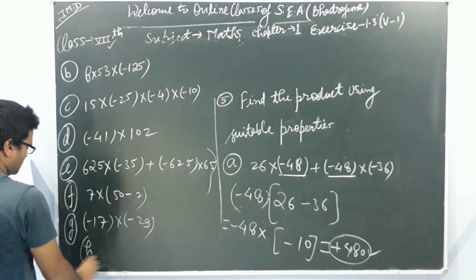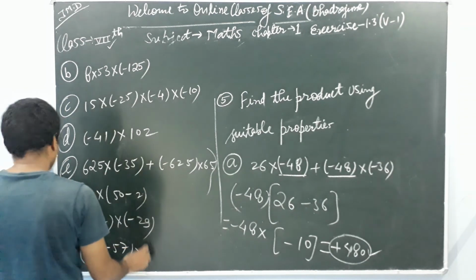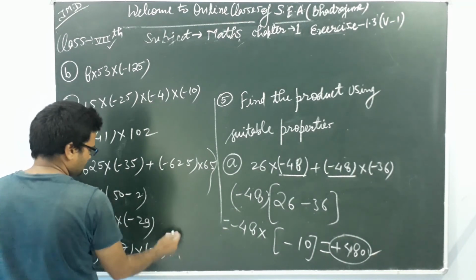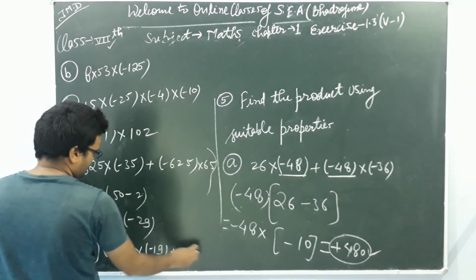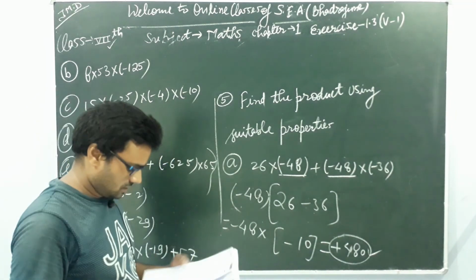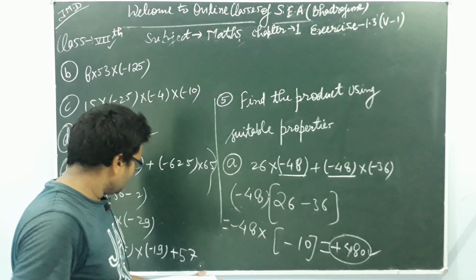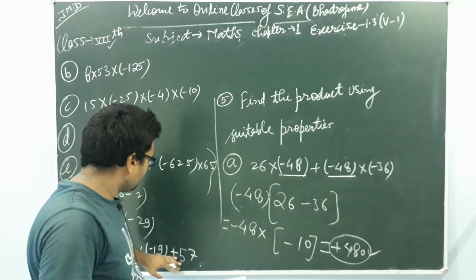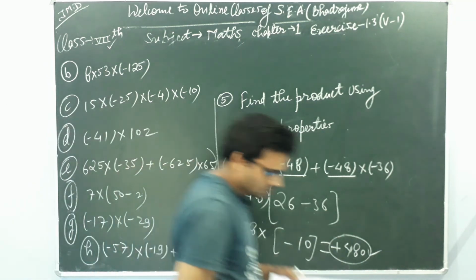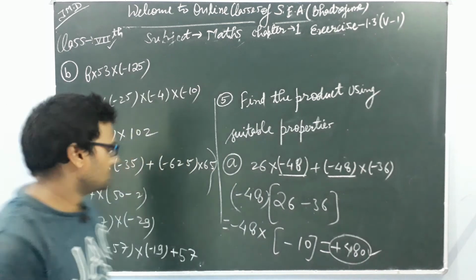Our part H is minus 57 multiplied with minus 19 and added by positive 57.